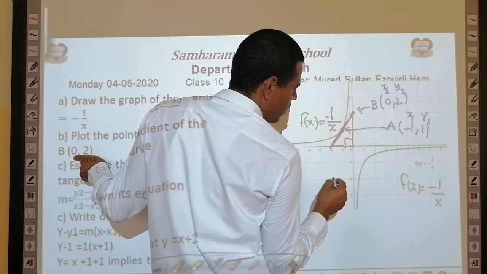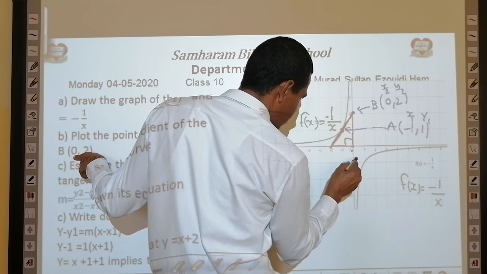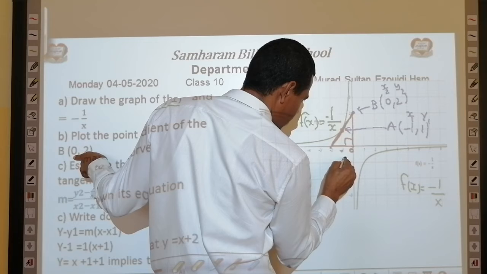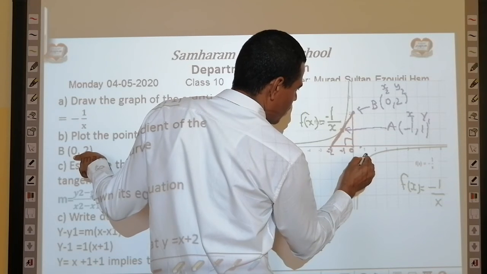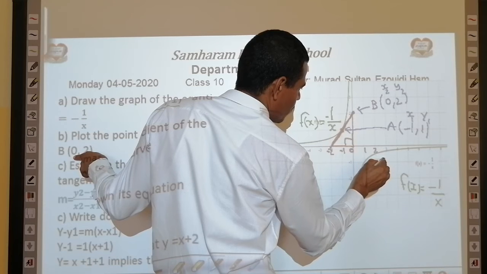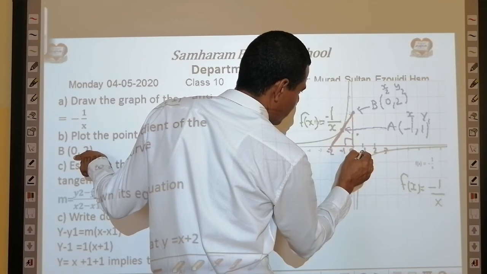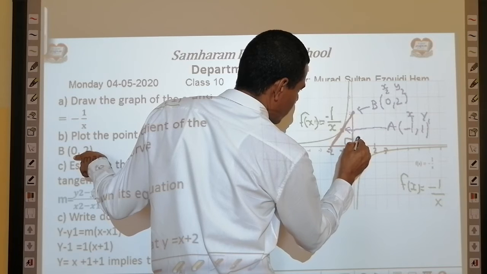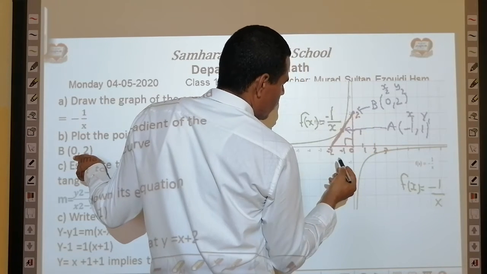This is a right angle. This is 1 unit, 2 units. But this is 0. This is negative 1. This is negative 2. This is negative 3 and so on. This is 1, my learners. This is 2. This is 3. Okay? This is also, we have 1. This is 1. This is 2. Okay? So, you can see that.